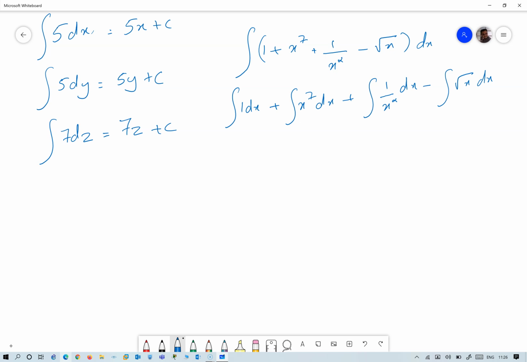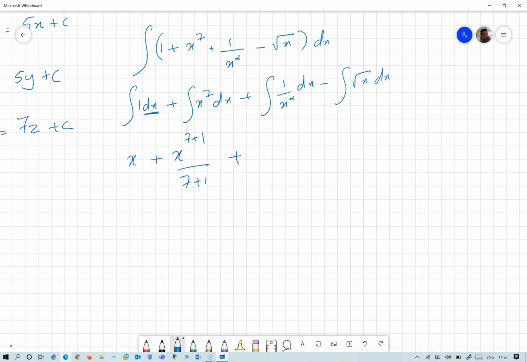Integrating a constant with respect to x, so it's just adding the variable x, plus, this is of the format of x to the power 7, so this is x to the power 7 plus 1 over 7 plus 1 plus, now integral 1 over x squared dx.